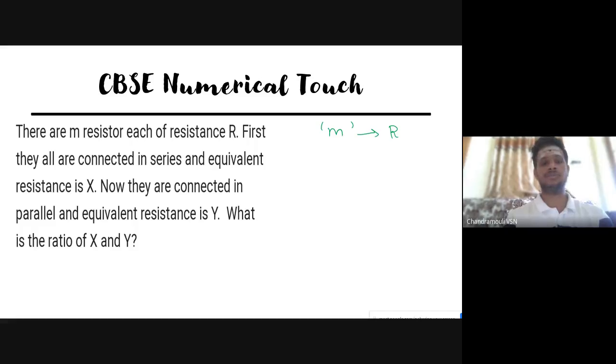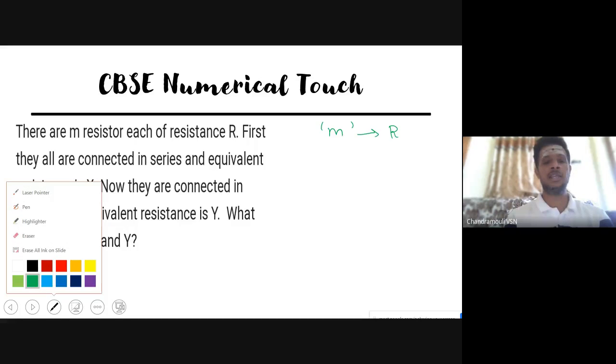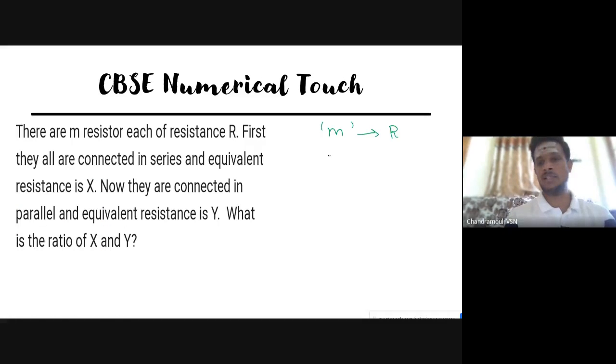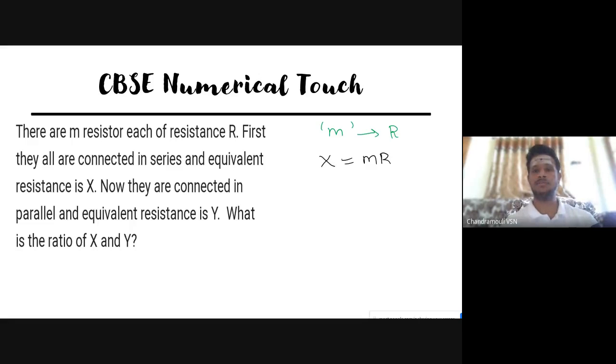See children, X and Y. If they are in series, they are called X, no? X is equal to, suppose m resistors are added in series, R plus R plus R plus R, all the same, no? What can you write? M into R. Am I right, children?